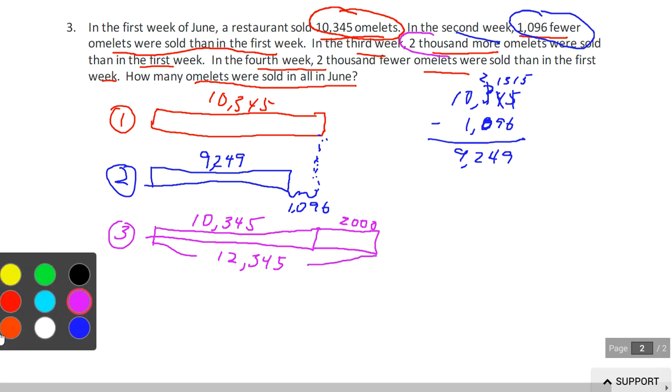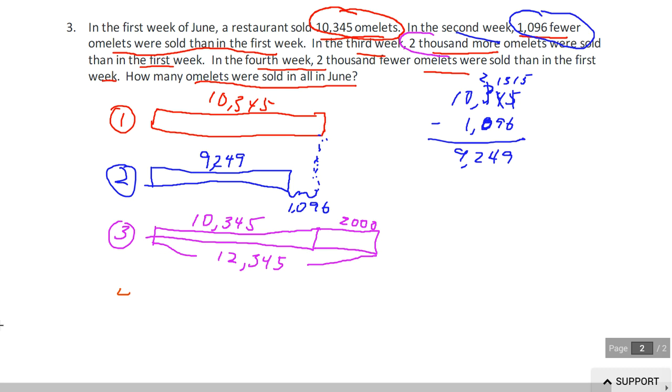Okay. And then finally in week 4, they did 2,000 fewer than the first week. So 2,000 fewer. So now instead of going all the way to 10,000, we're going to go shorter. This time we're going to be shorter by 2,000.